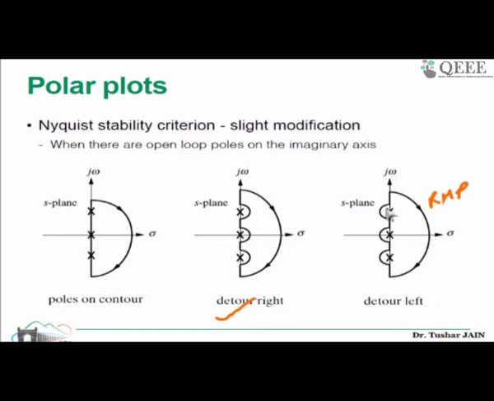If I consider this contour, it includes some portion of the left hand side. So generally we consider this region, which misses out the poles located purely on the imaginary axis, and then we analyze the stability in a similar fashion using the same theorem.